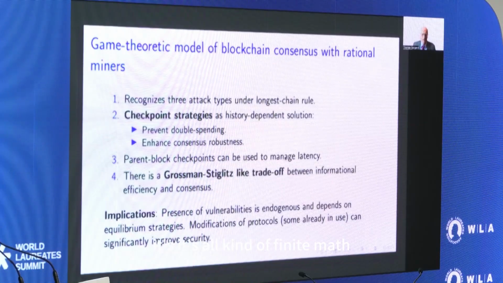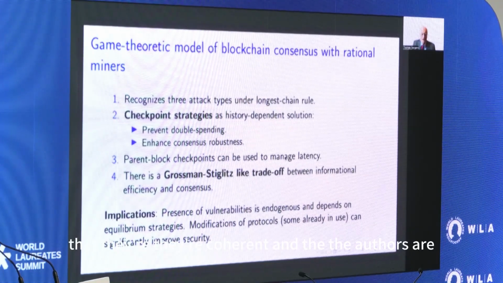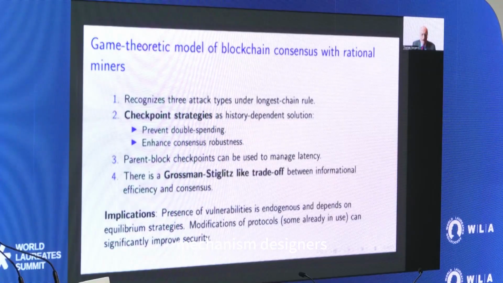It's all kind of finite math, a set of constrained optimization problems that fit together and are coherent, and the authors are mechanism designers. They're social planners, if you will, who are figuring out how to make this game better. So that's what they do.